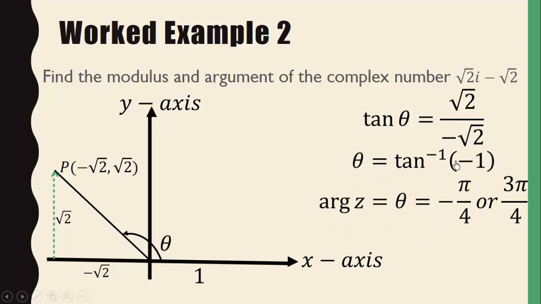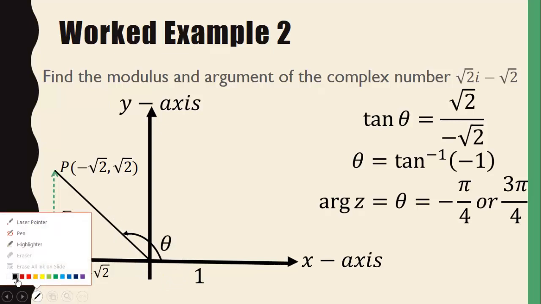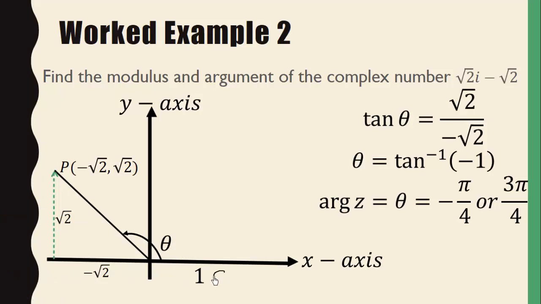Now the tangent ratio is negative in the fourth and second quadrants. So you remember CAST: All Students Take Calculus.